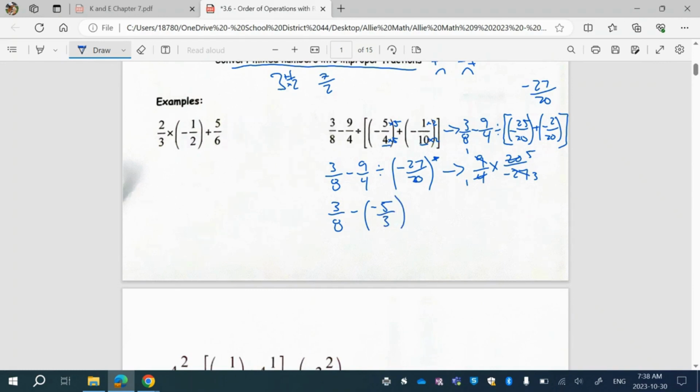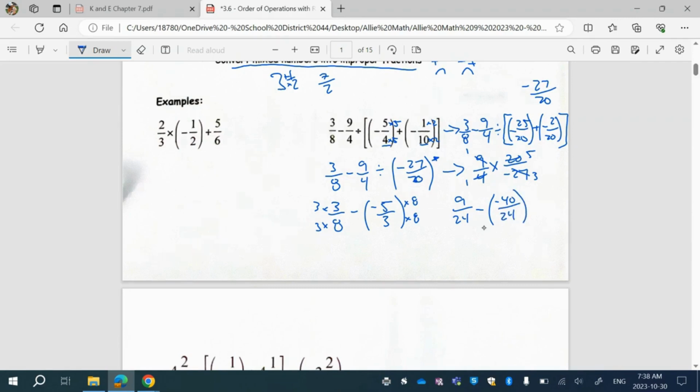We need the same number on the bottom to be able to subtract these. So let's see, I think the first number that each of these goes into is 24. So let's times this by 3 and 3, and times this by 8 and by 8. We end up with 9 over 24, subtract negative 40 over 24.